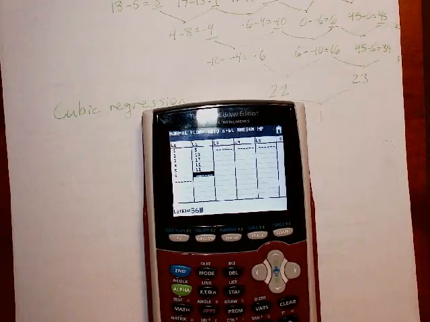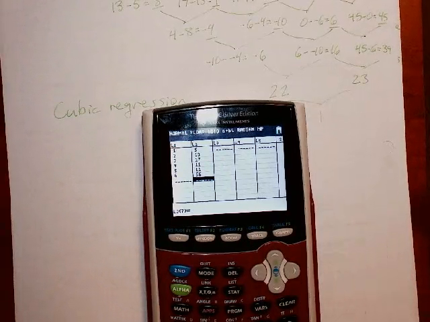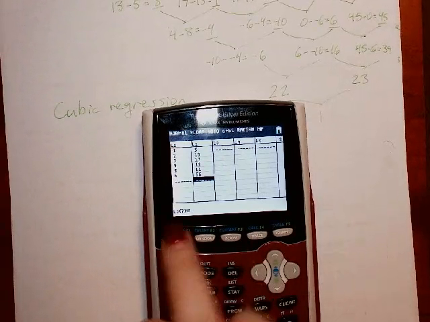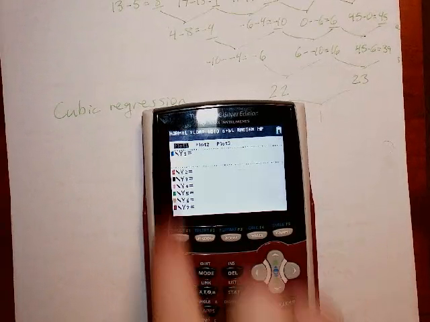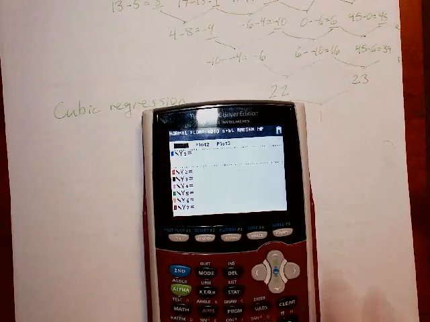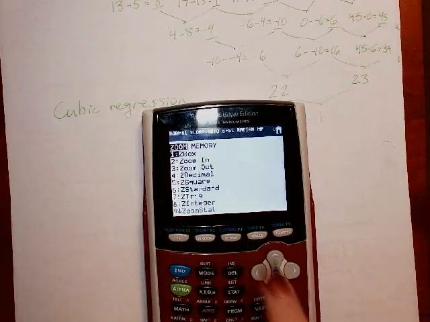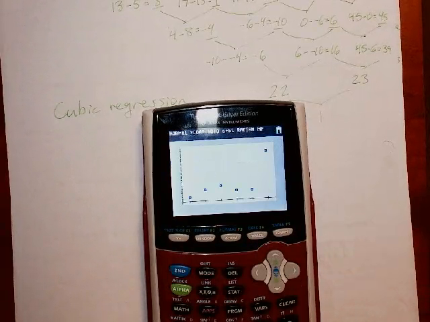Now I'm going to go to Y equals, I'm going to clear my equation, and I'm going to turn on my plot. Clear your equation, and then go up to plot and hit enter. And then I'm going to go to zoom stat, so 9. And it should show me my picture here.